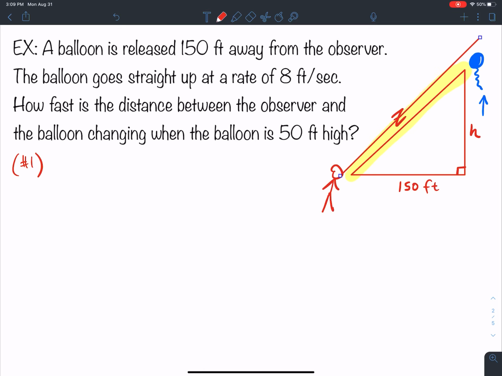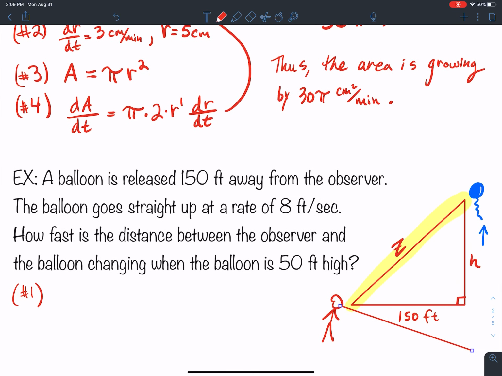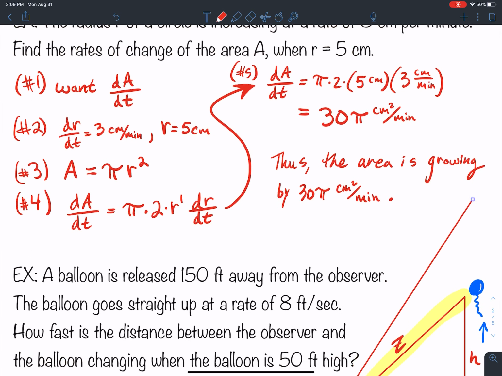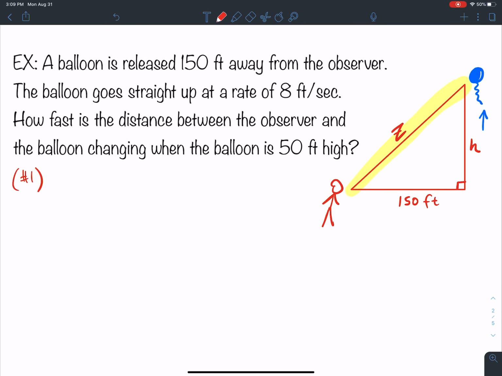You can see the distance just gets higher and higher and faster, right? So it just keeps going up and up. All right, now, what does that represent? Well, it's the derivative of that distance with respect to time, dz/dt. That's what we're looking for.